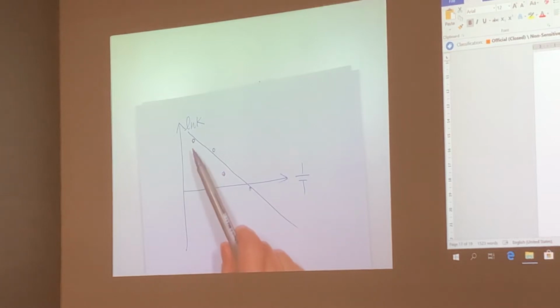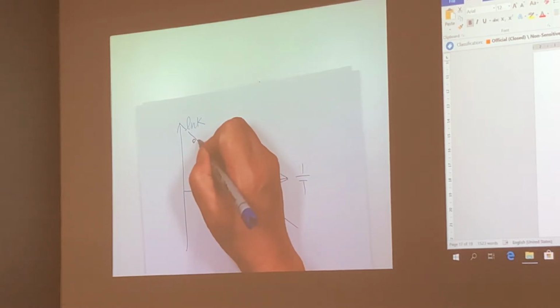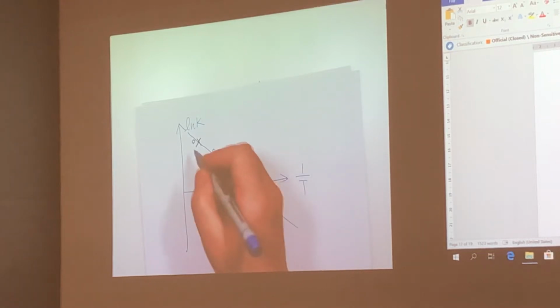Now you have 4 points. These are your experimental data, right? Now you need to choose any 2 points on the straight line. Try to cover the full range. You cannot say I choose 2 points here only. For example, I choose 1 point here, another one here. After you choose these 2 points, draw a triangle.